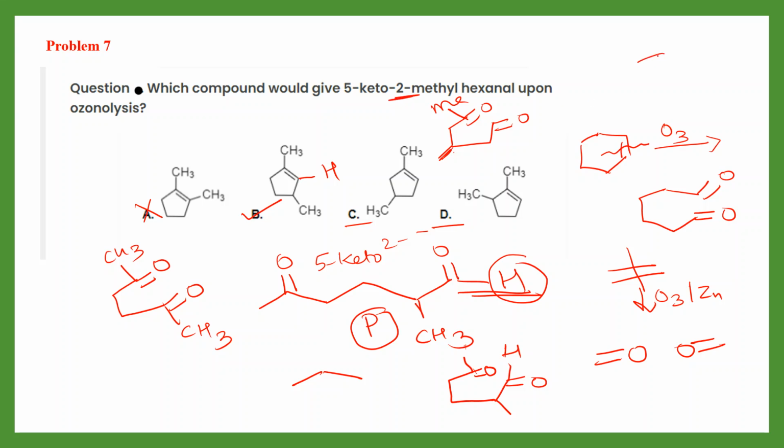And in option number D, if it underwent ozonolysis, it is getting 1, 2, 3. At the 3 position the methyl is again coming, so option D also gets eliminated. Anyone have a doubt in this question?